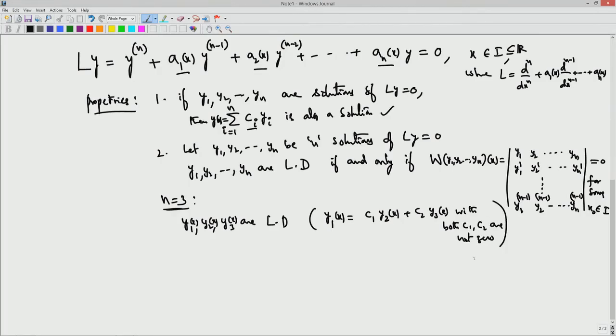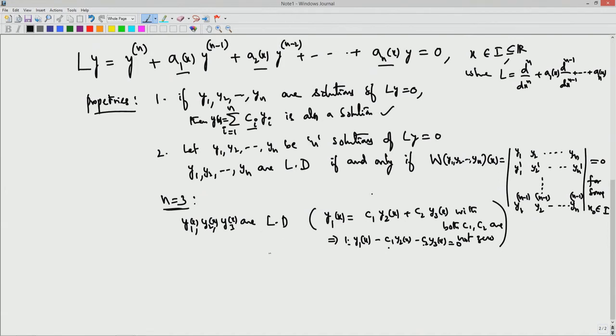That means I can write 1 times y1(x) minus c1 y2(x) minus c2 y3(x) equal to 0. Not both c1 and c2 are 0, so with non-zero coefficients the linear combination of y1, y2, y3 makes it 0. If you can do that, then y1, y2, y3 are linearly dependent. That is the meaning of linear dependence for three functions.